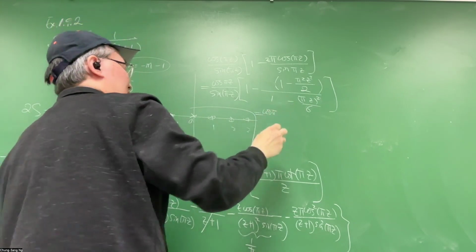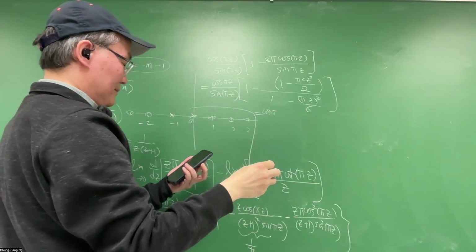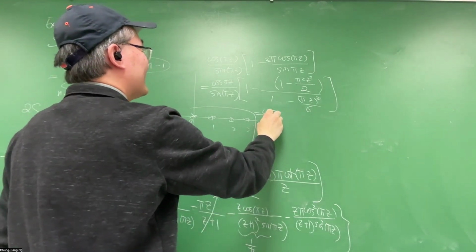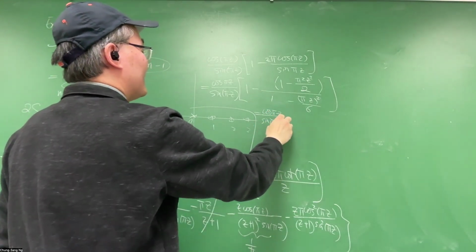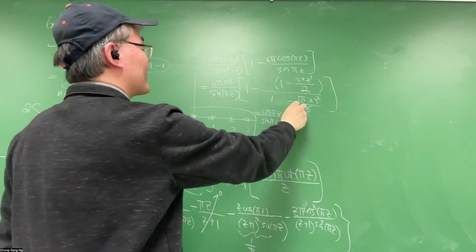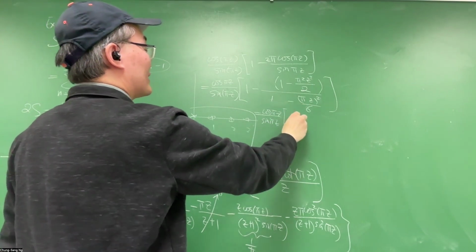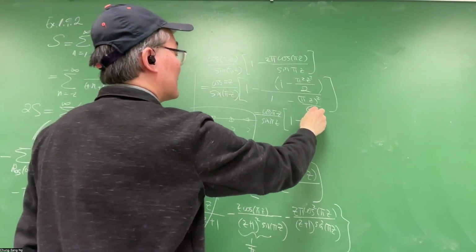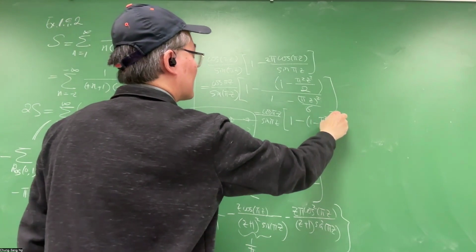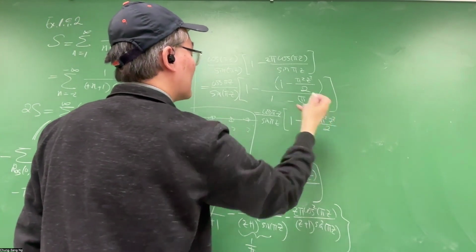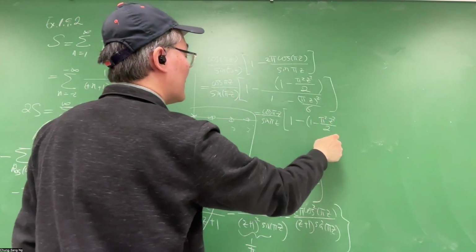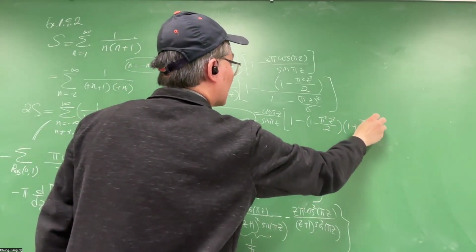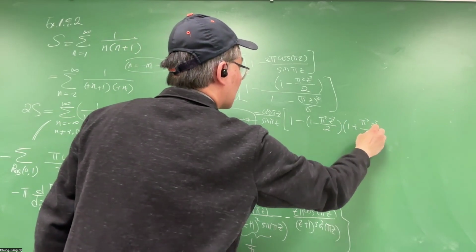Cosine pi z, 1 minus pi squared z squared over 2, and this is 1 plus pi squared z squared over 6.